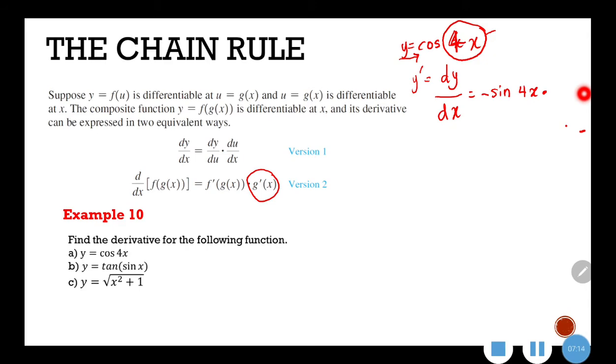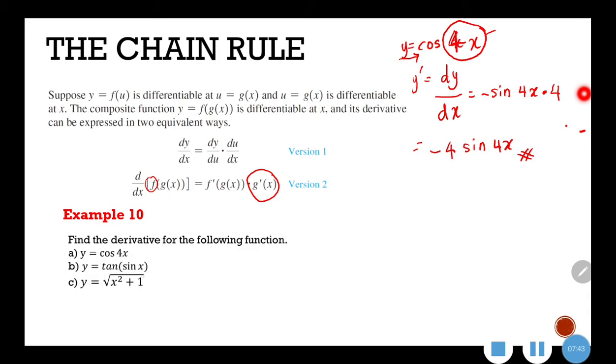So f here is cos 4x and g here is just 4x. So differentiate 4x, you will get 4. So the final answer is this one. Okay, I hope you can understand this.